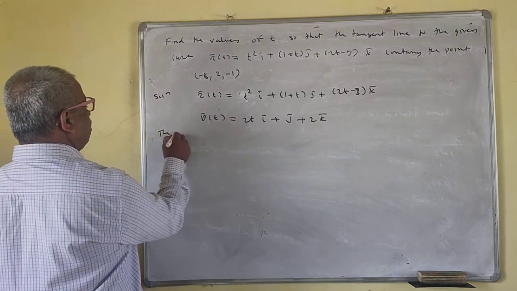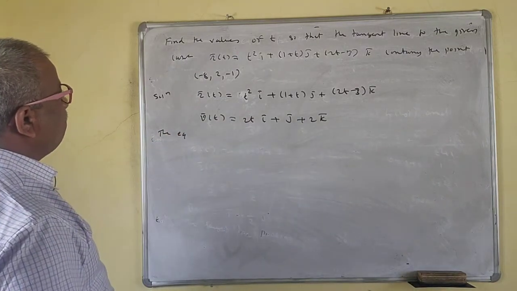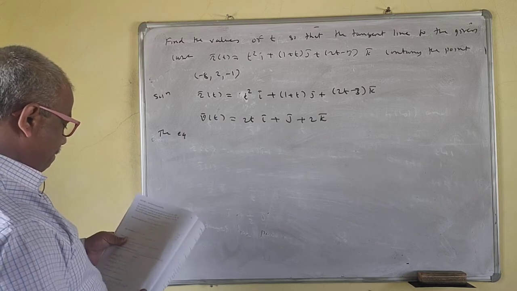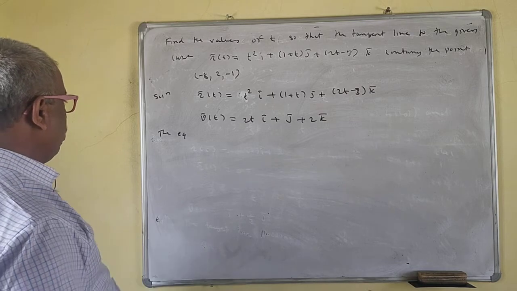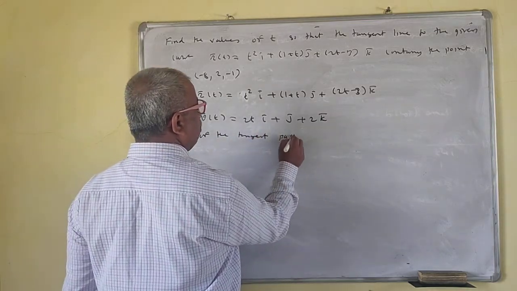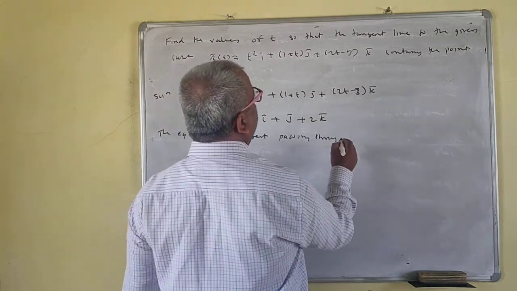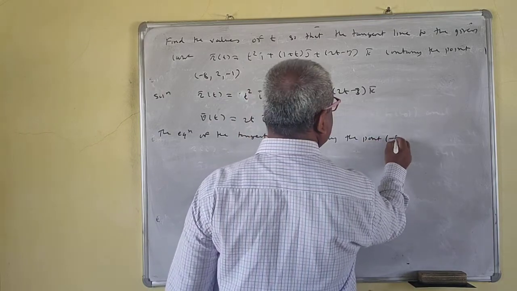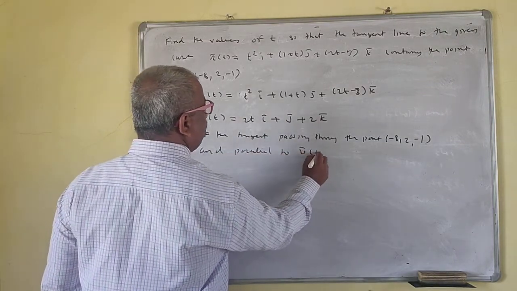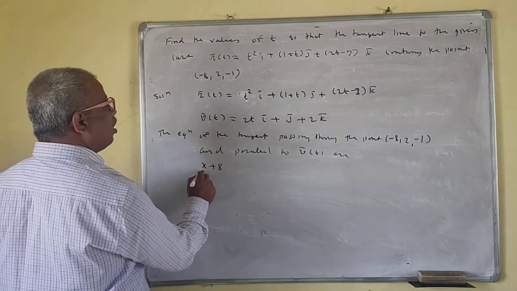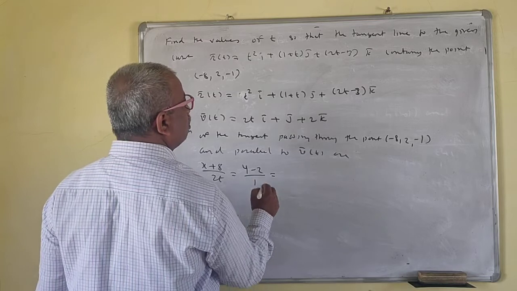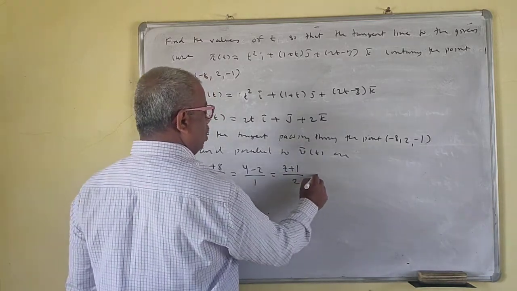Okay, the equations of the tangent line passing through the point minus 8, 2, minus 1 and parallel to v bar of t are, okay, x plus 8 upon 2t is equal to y minus 2 upon 1, z plus 1 upon 2 is equal to k.